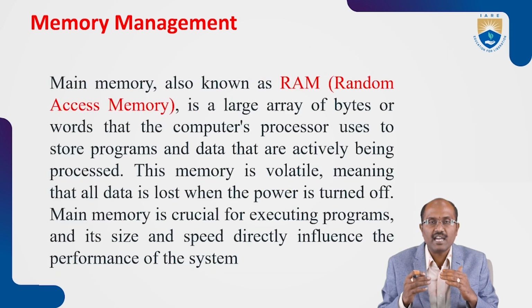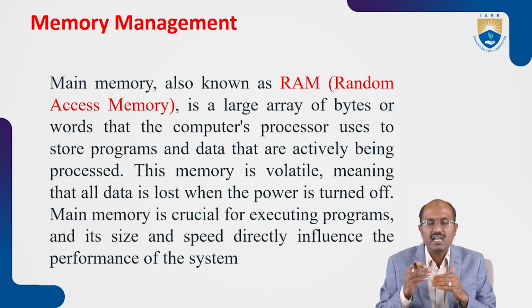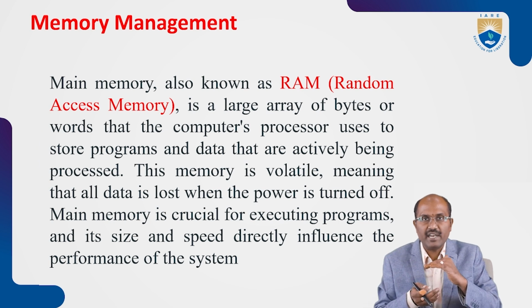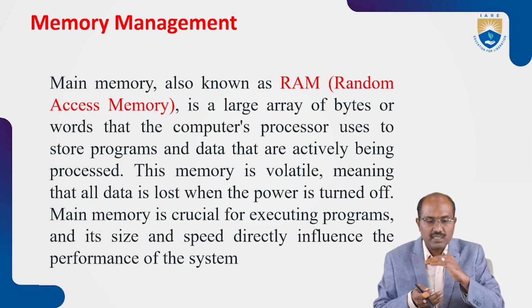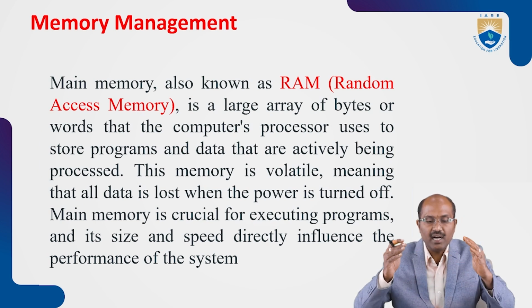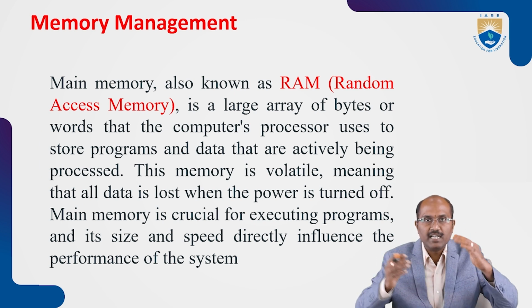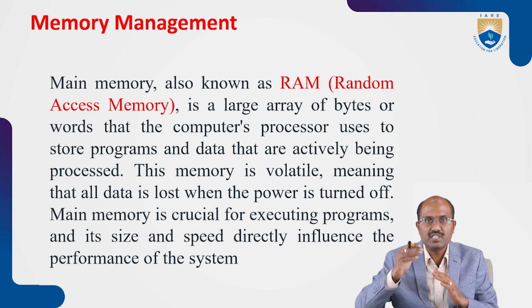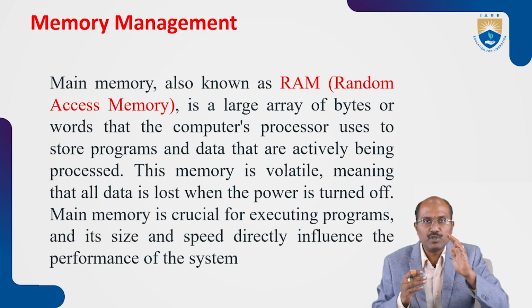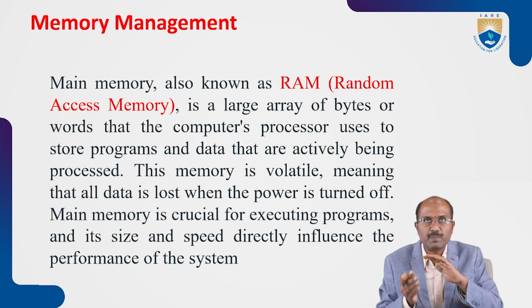Now, the main memory in memory management is nothing but the random access memory. It is a large array of bytes or words that the computer processor uses to store the programs and data that are actively being processed. Data is moved from the random access memory to secondary memory, and data is stored from secondary memory back to random access memory, that is, primary memory.